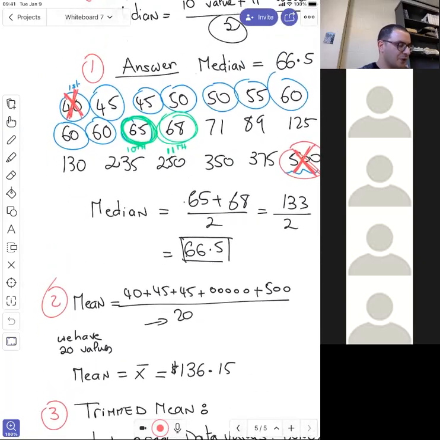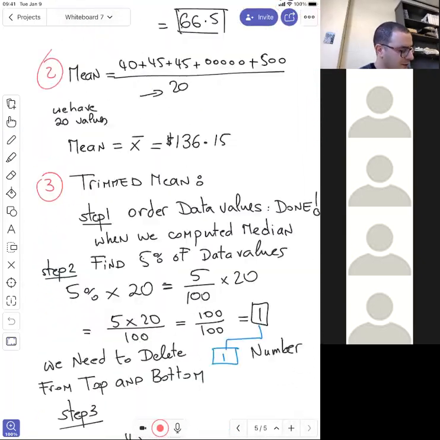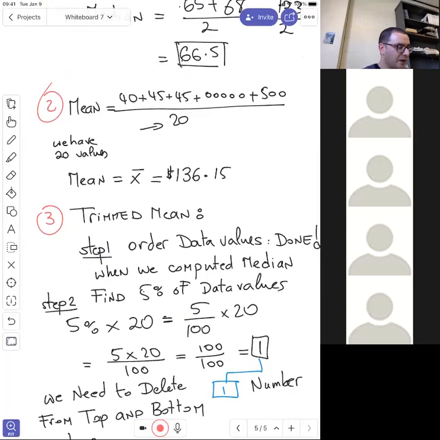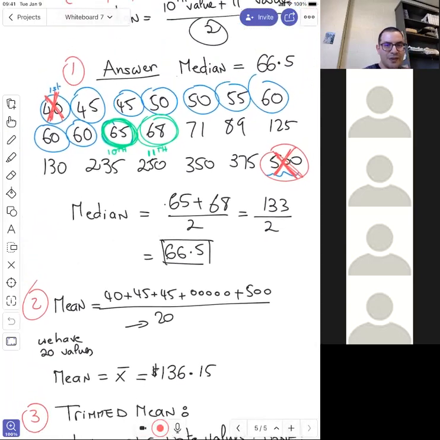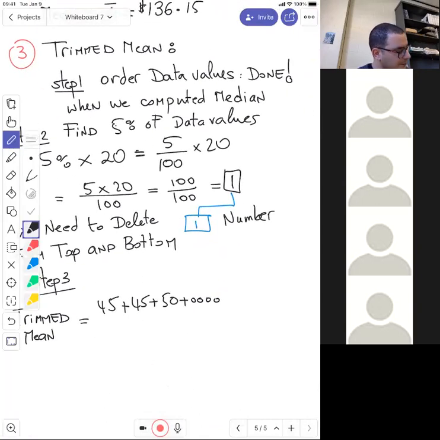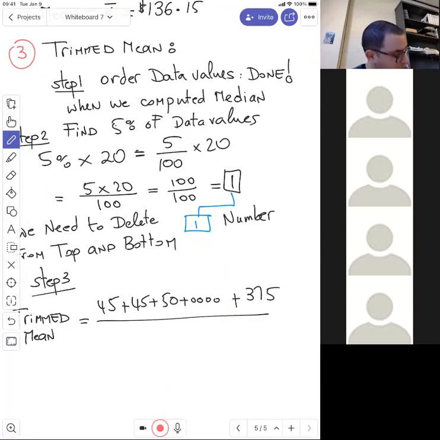So we deleted the 40. So we start with 45 plus 45 plus 50 plus another 45 plus 50 plus etc. And now the last number is not 500 anymore, right? Now the last number would be 375. So plus 375 plus 375.